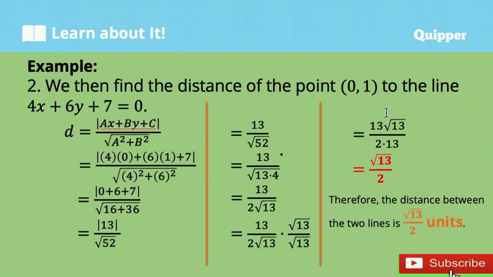Next, cancel 13 divided by 13, that is just 1, and 1 times the square root of 13 is just the square root of 13. The remaining denominator is 2. Therefore, the distance between the two lines is square root of 13 over 2 units.